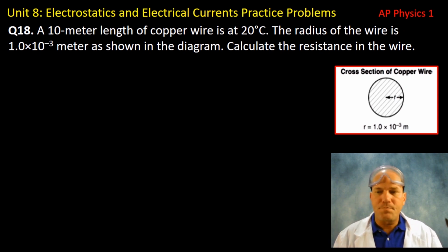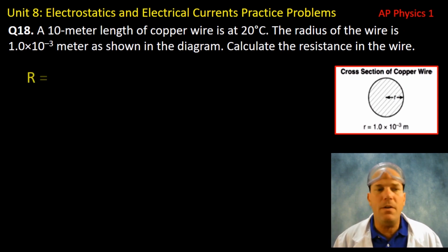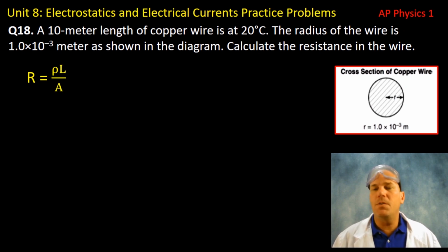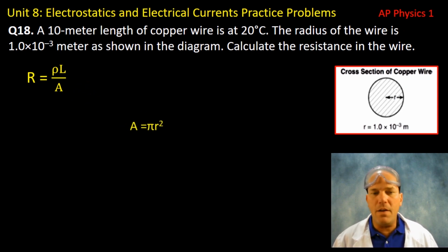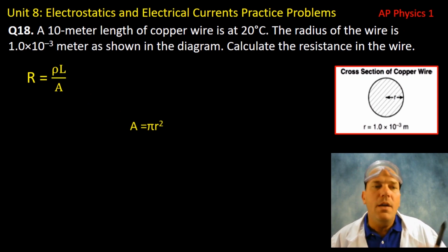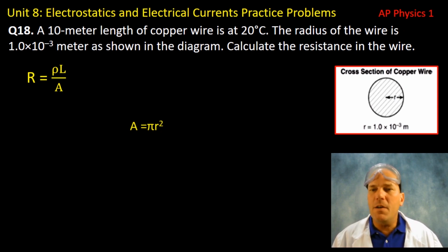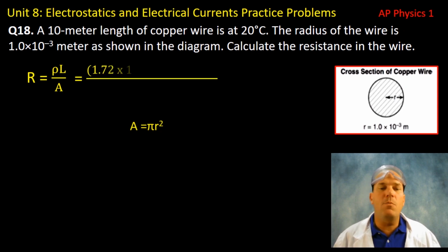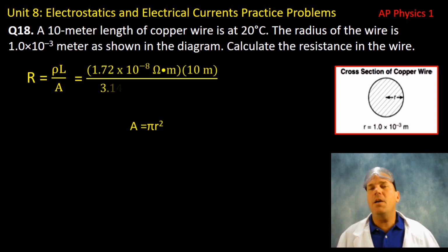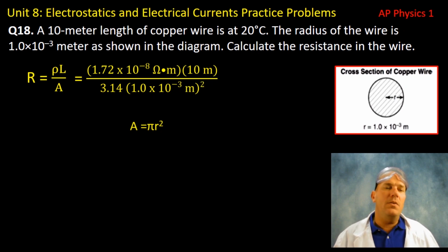Okay, so we have a schematic diagram here, and we will use our equation for resistance, relating resistance to resistivity, length, and cross-sectional area. Recall that area is pi r squared, so that's the only little twist on this problem: you're given the radius of the wire, and you'll square it and multiply by pi to find the cross-sectional area for this copper wire.